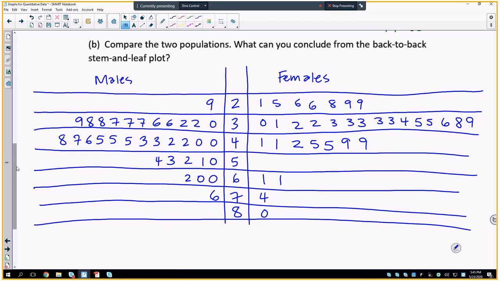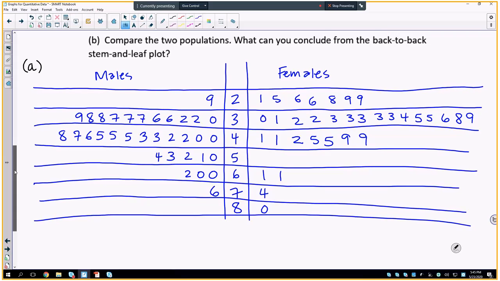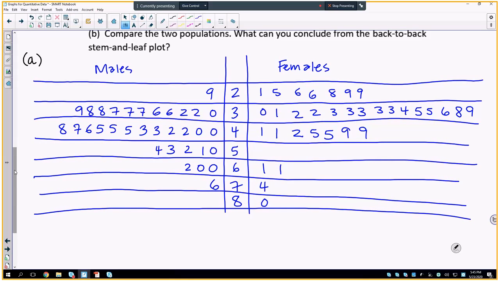Then part B of the question asks us to compare the populations, and what can we conclude? So because we have all of the data displayed in one image, it's pretty nice to compare the two.